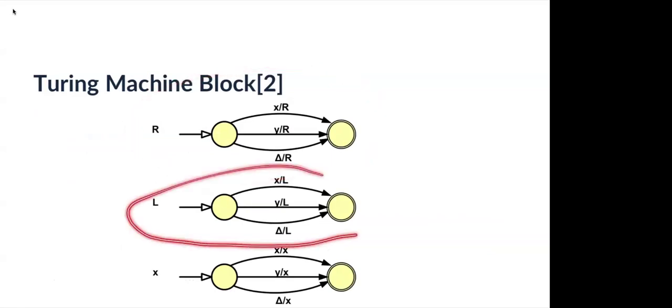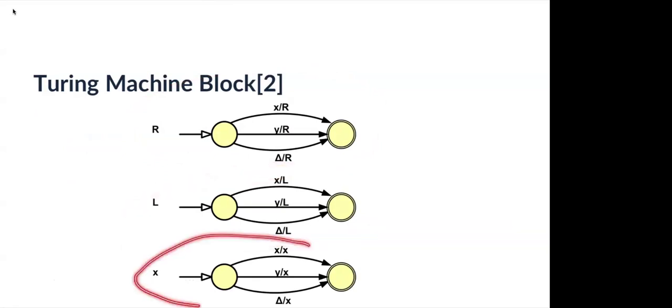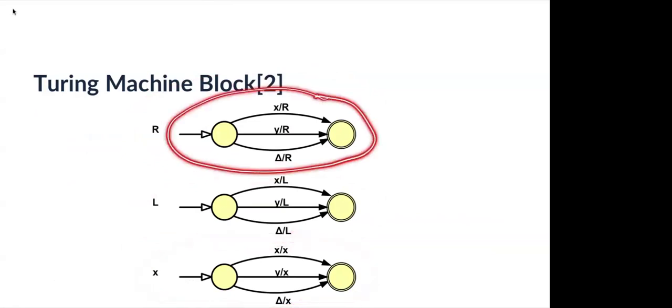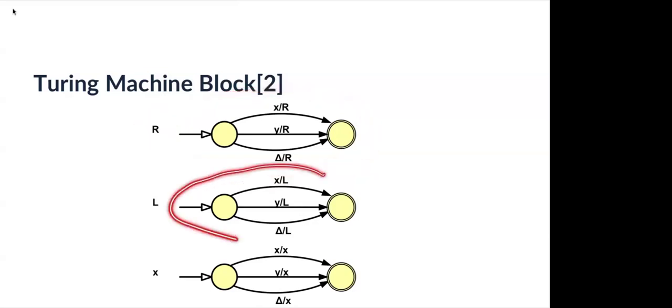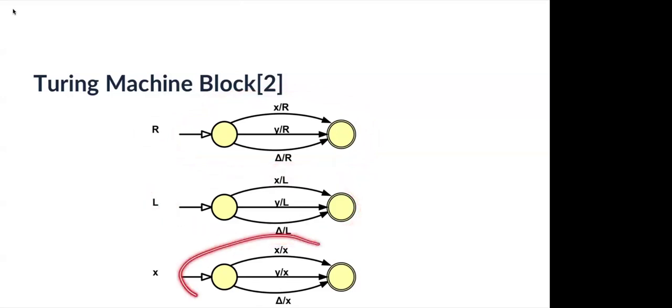This is moving to the left for whatever we read, and this is write X for whatever we read. So this machine in building block can be just written as R. This machine can just be written as L. And this machine can be written just X.